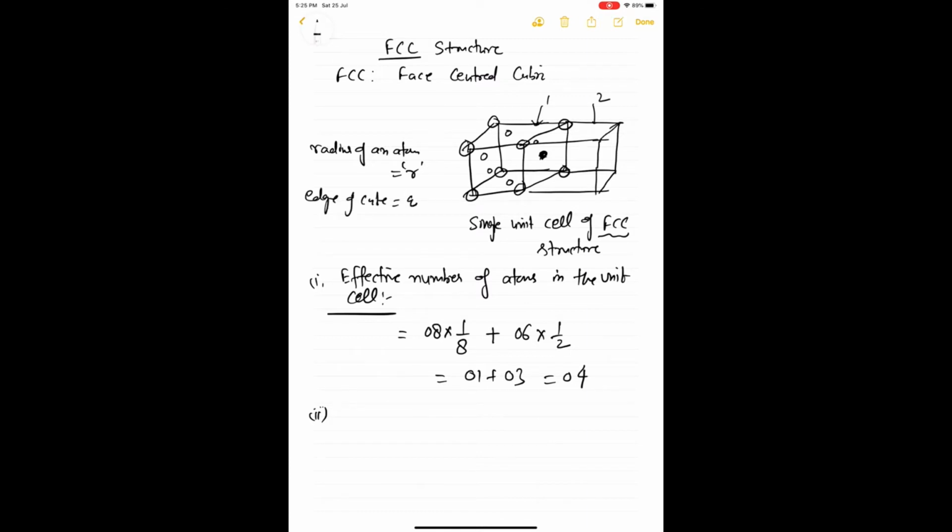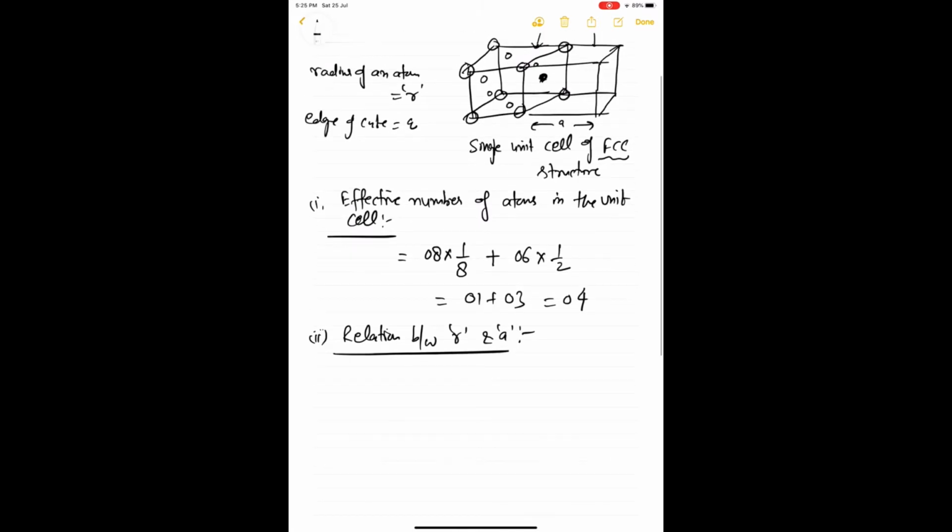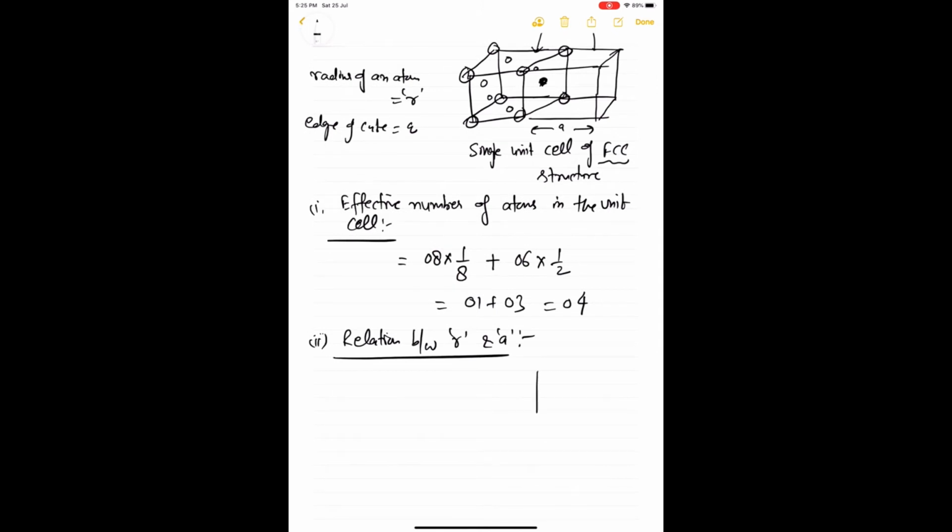So if the edge is a, we would like to find out the relation between r and a. Suppose I draw a picture of one single face of this cube, so how does it look like?